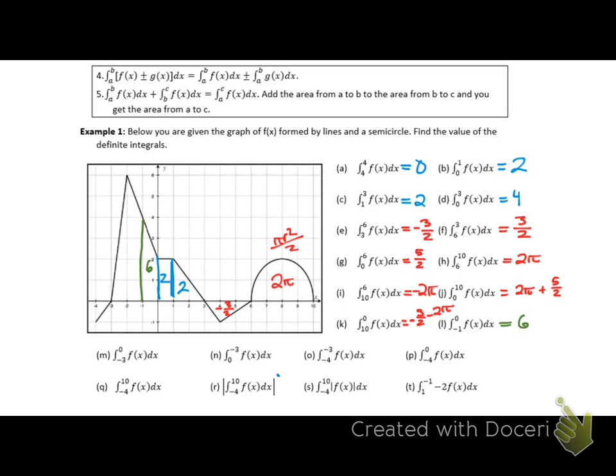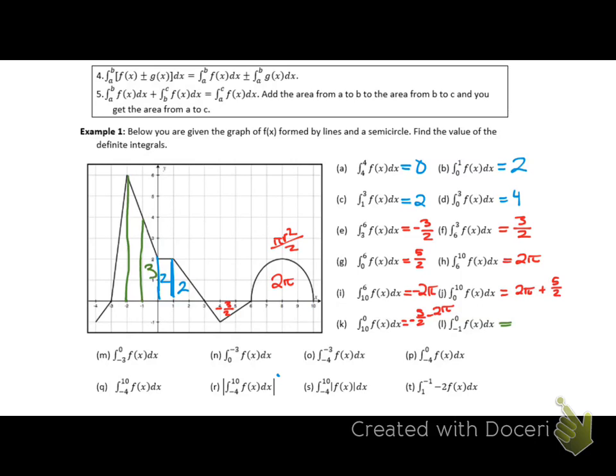Now we are going from negative 3 to 0. So we need to find this area here. So let's do this area, and then the other one, the middle, and then the left. So we have a base of 1, and then a height of 4 and 6. Oh, wait. We have to divide by 2. That's 3.